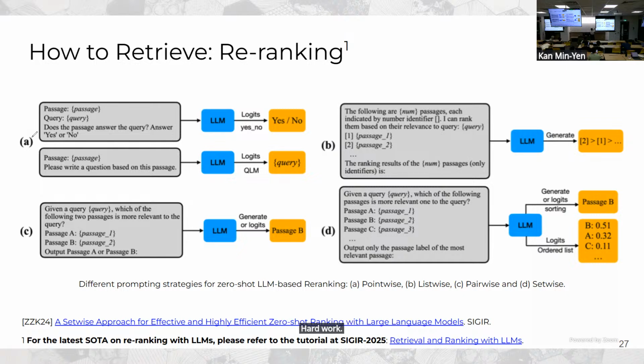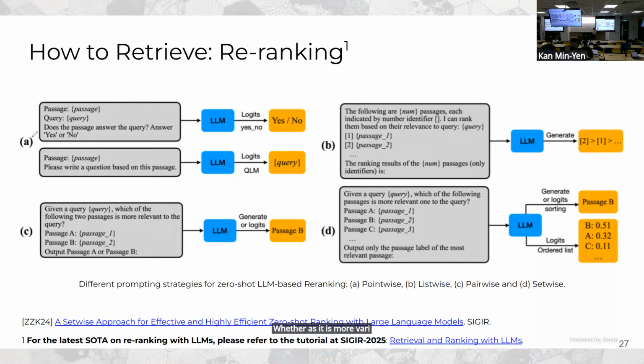For the next case, figure C, instead of inputting one document or passage, we input two passages, and then we ask the LLM whether passage A or passage B is more relevant.